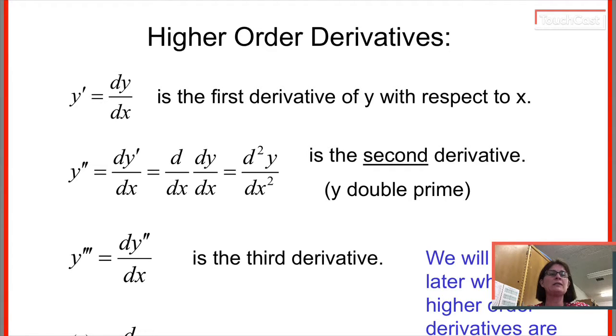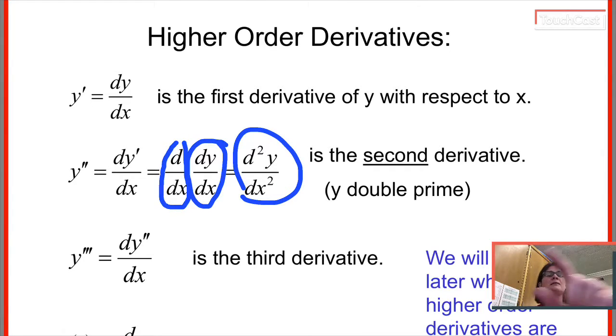But that's how we would read this notation: either the second derivative of y with respect to x, or d squared y dx squared. Notice it's the same as taking the derivative of dy dx, which is the same as taking the second derivative of y. If you got excited, you could take the derivative of a second derivative. That would be the third derivative.